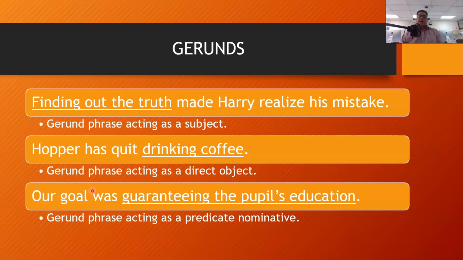Nuestra meta estaba garantizando la educación del pupilo. Is that what this sentence means? Our goal era garantizando la educación del pupilo. Not really, right? You cannot assign the ando-endo meaning of a gerundio to a gerund in English.